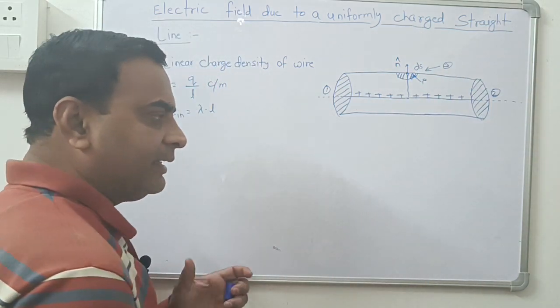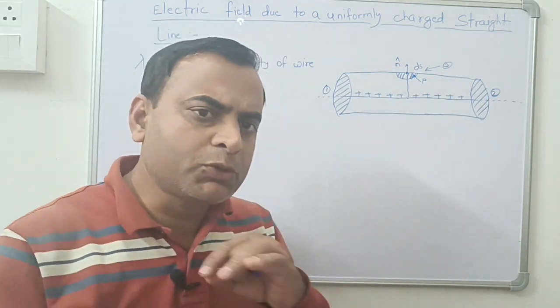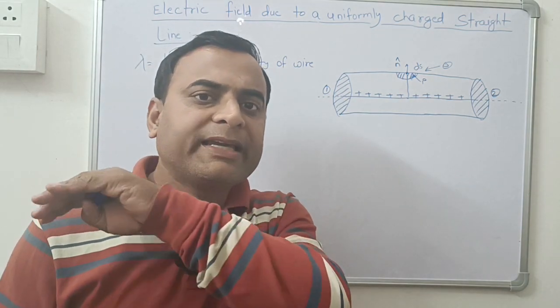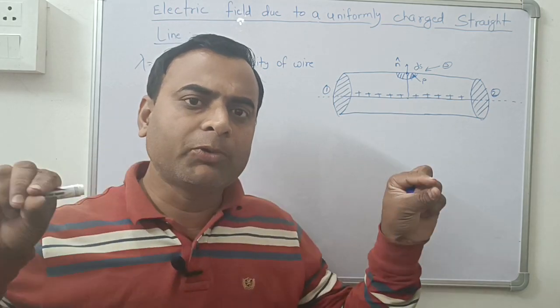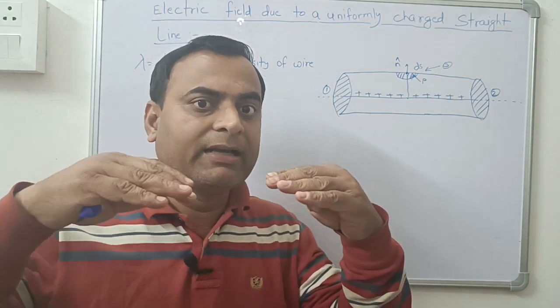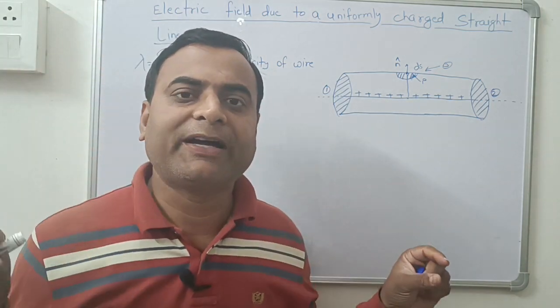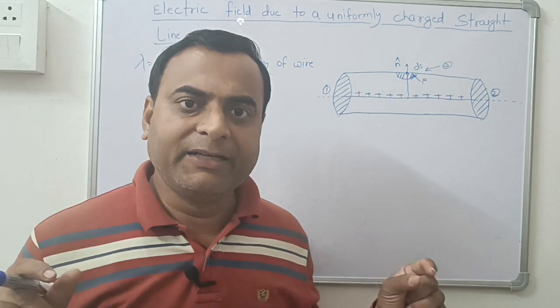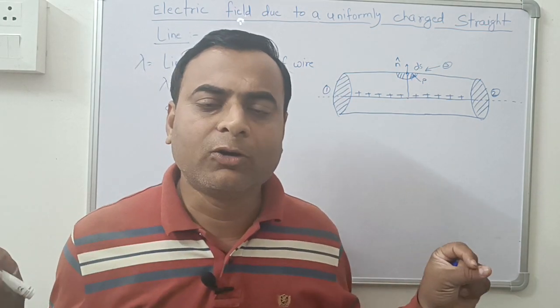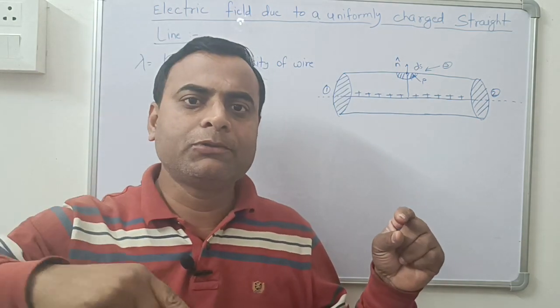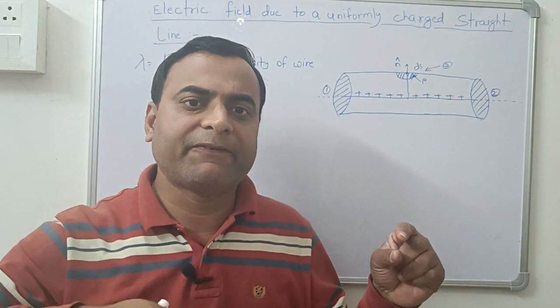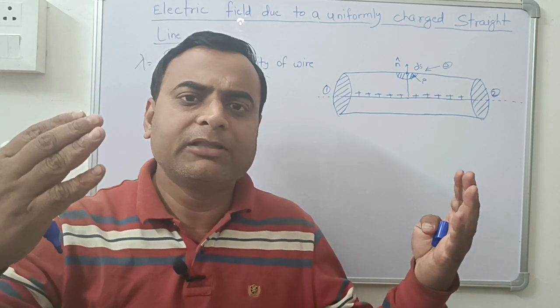So basically, just imagine that there is a straight wire, and at a point P you have to find out an electric field due to this infinitely long wire. So just imagine you have to draw a Gaussian surface. What will it look like?